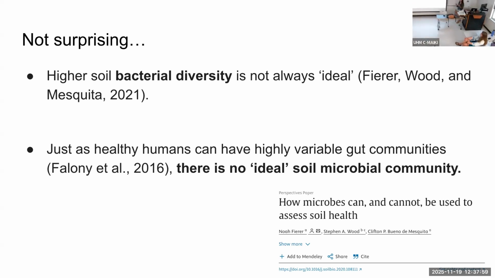It's very complex, but there's no ideal soil microbial community. So we found that microbial diversity cannot be used as an indicator for soil health. One of my takeaways when I presented the seminar is that most of the traditional molecular tools that we use, such as alpha and beta diversity analyses, cannot be used to predict soil health.